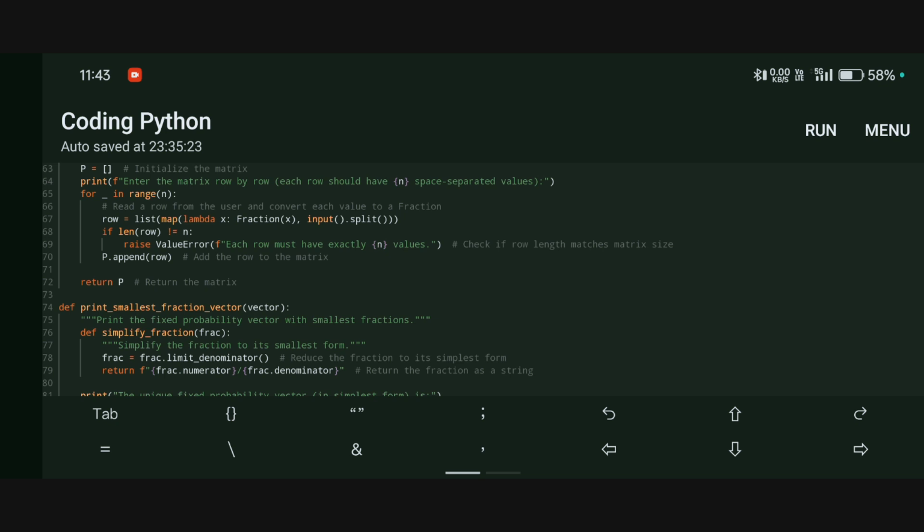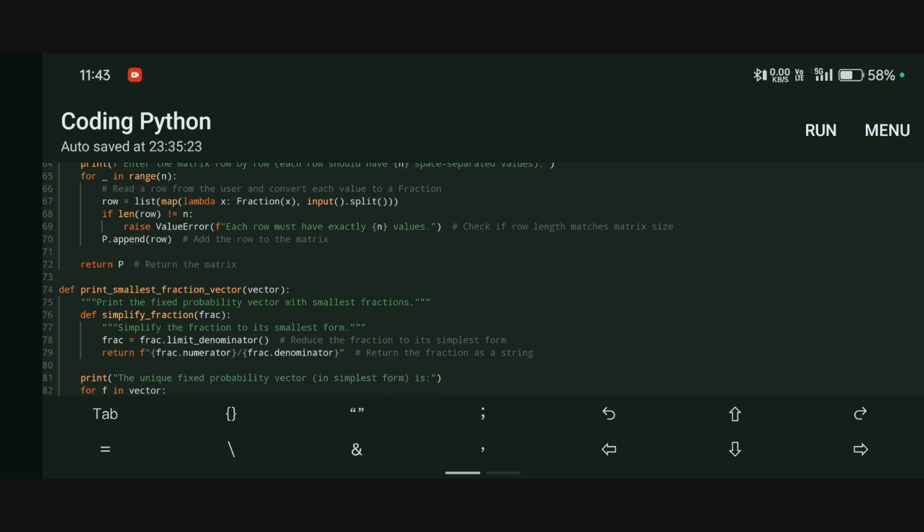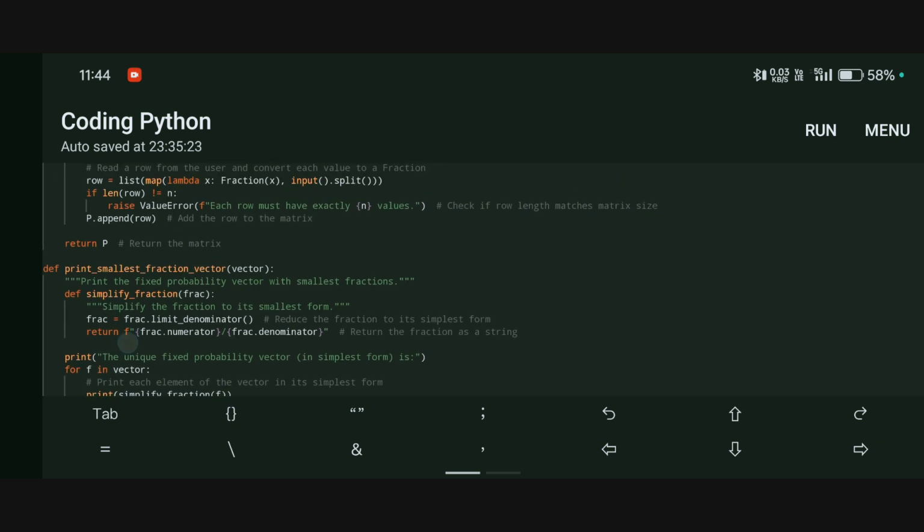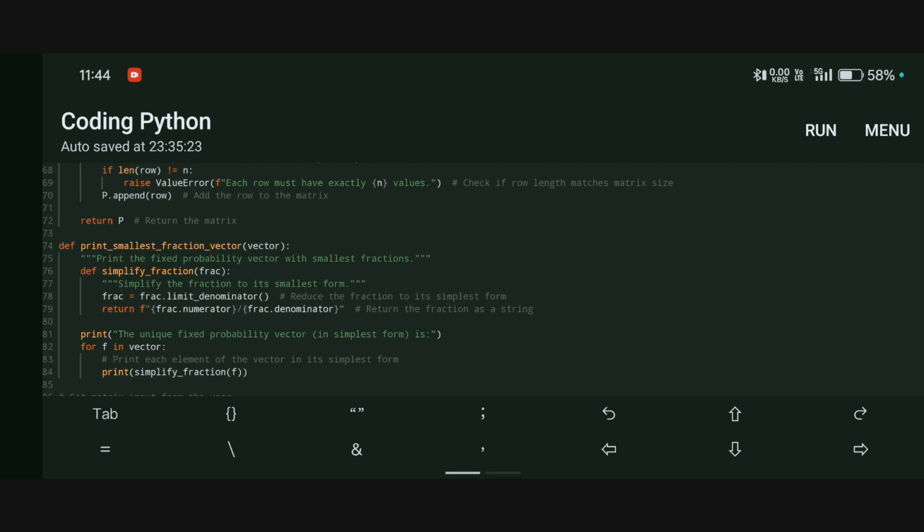If the length of the row is not equal to n, meaning the matrix size, we raise an error. Later, P append row, which means it is adding the row to the empty matrix P. Okay, return P.